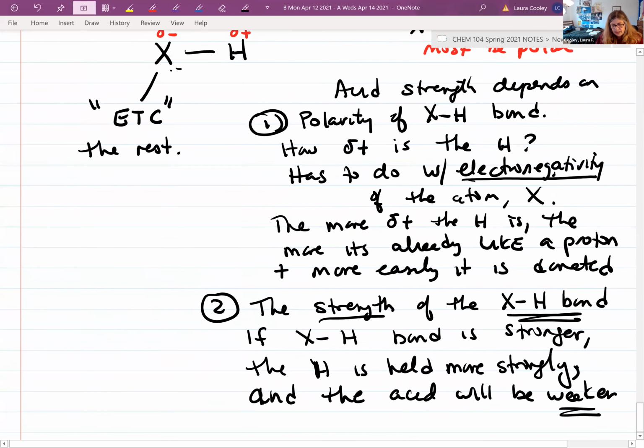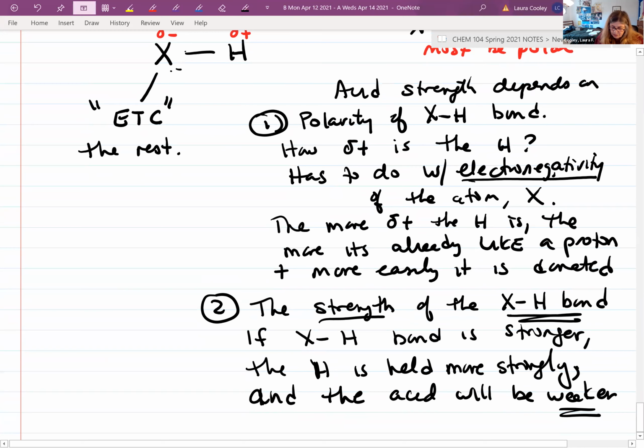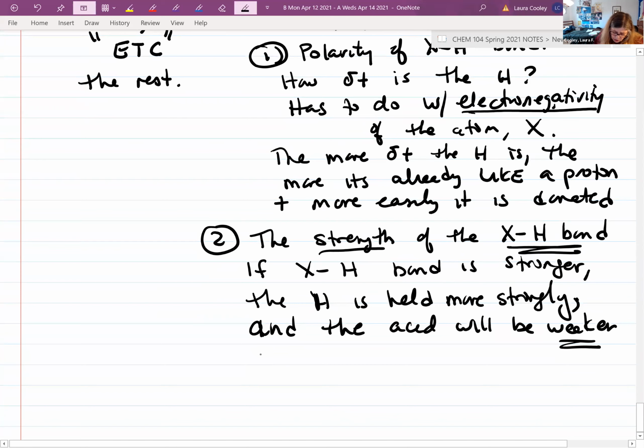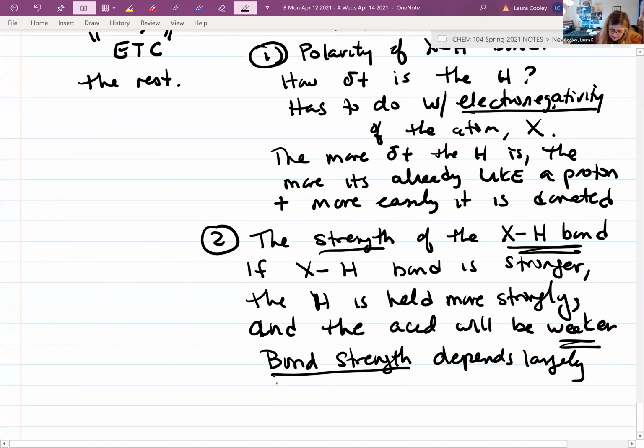Okay, so we have the bond polarity, and then we have the strength of the bond. Now, what does bond strength depend on? This is not something that we study really a lot, but mainly it depends on how close those atoms are to each other. So bond strength depends largely on the bond's length.